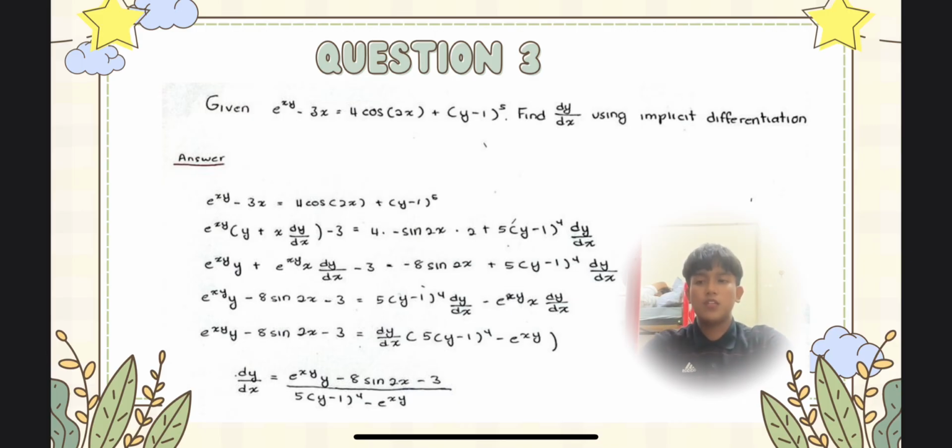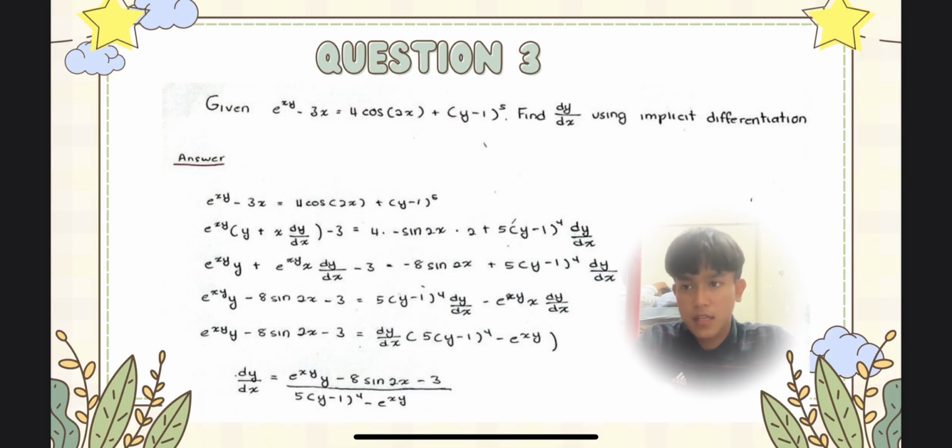Okay, so the next step, we must multiply the brackets first. So that's the answer: e^(xy) y plus e^(xy) x dy/dx minus 3 equals negative 8 sin 2x plus 5 (y minus 1)^4 dy/dx.